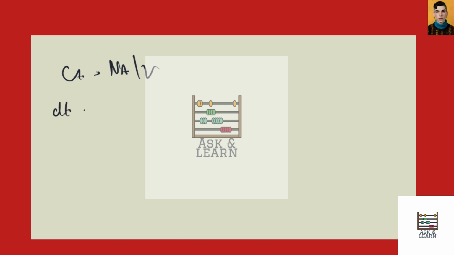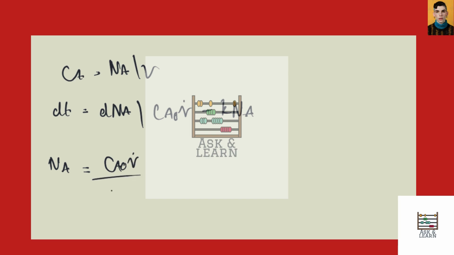We have dt is equal to dNA over CA0 V dot minus kNA, when we are rearranging for dt. And then we can integrate the above equation with specified limits within NA and 0 and t and 0. So we can solve for NA is equal to CA0 V dot over k, 1 take away e to the negative kt.